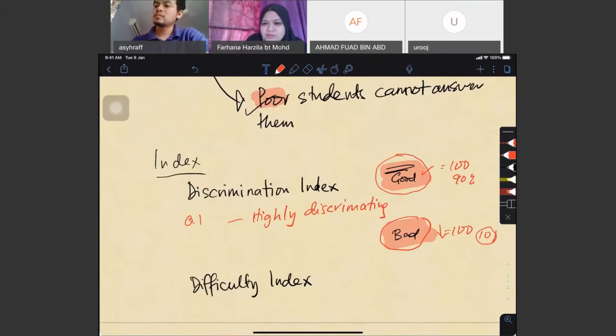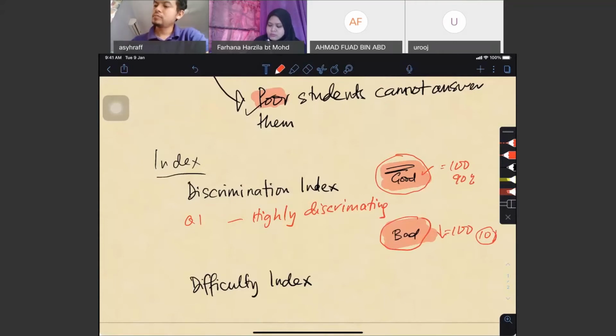Okay. So we go back to the discrimination. Whereas a poorly discriminating question or item would be the same number, or there's not much difference between the good group and the bad group. Both can answer that question, or both cannot answer that question. Can you imagine that situation?